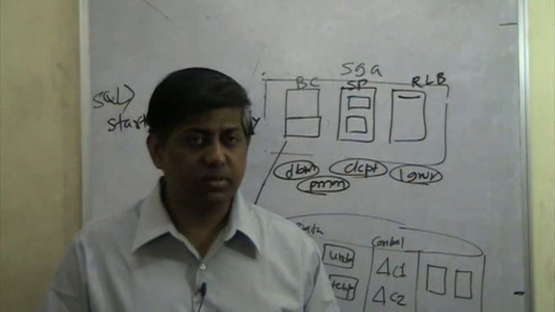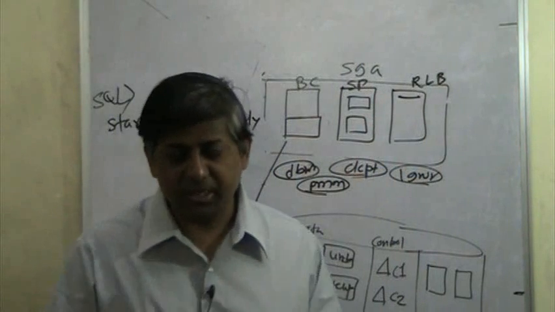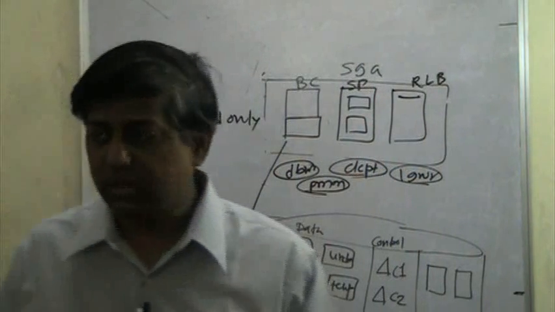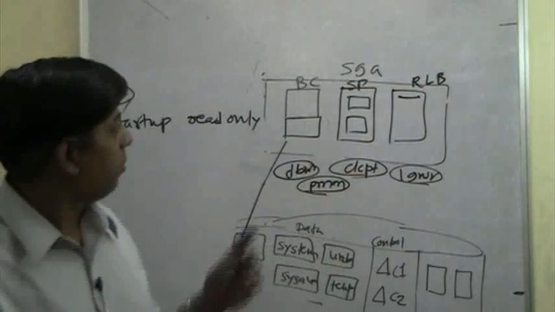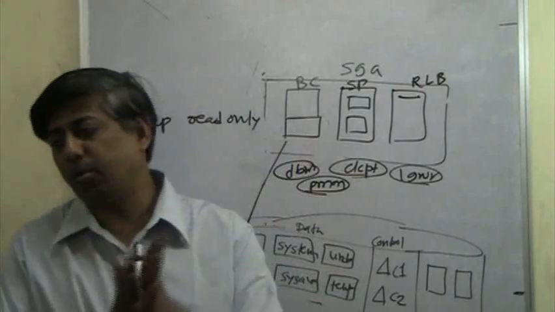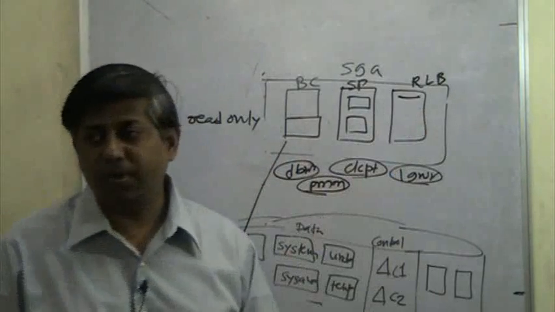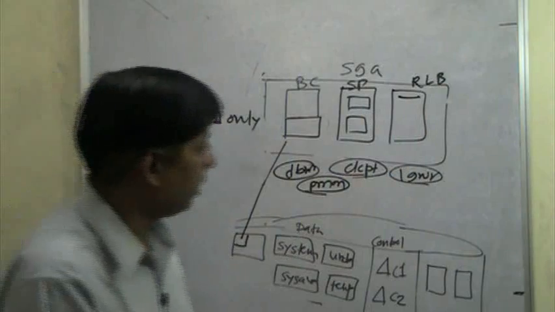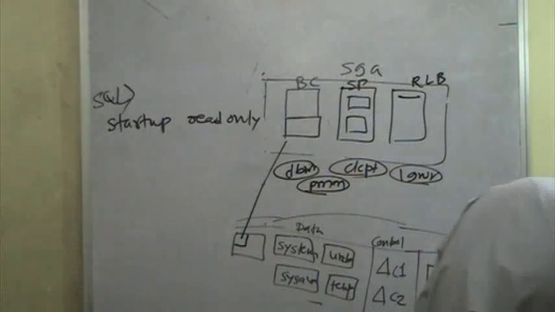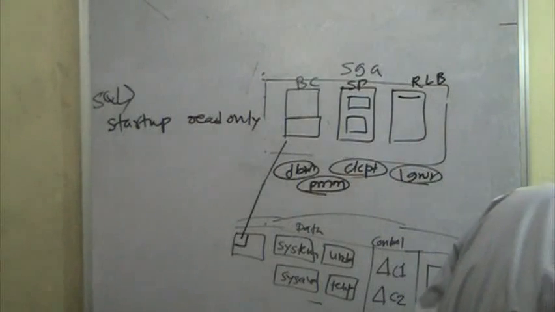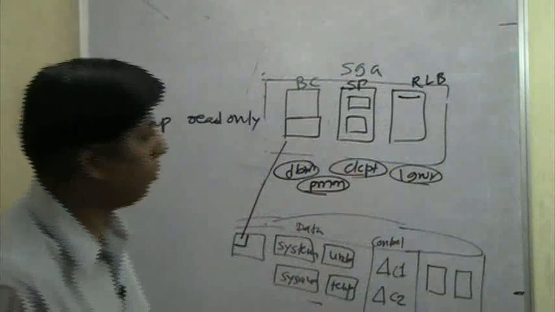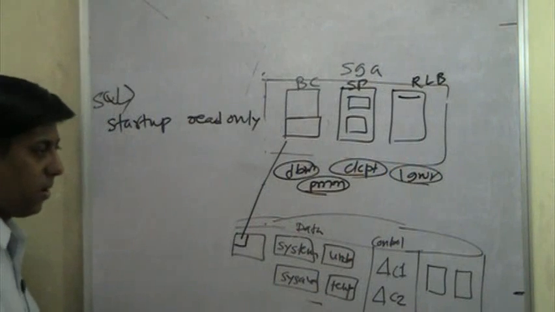Not too much, because there is no activity. There are certain other things going on, because behind the scenes there are certain activities happening, but the entire database is in read-only mode. So there will be very, very minimal activity on the redo log buffer. So what is not stored inside the redo log buffer is the select statements.